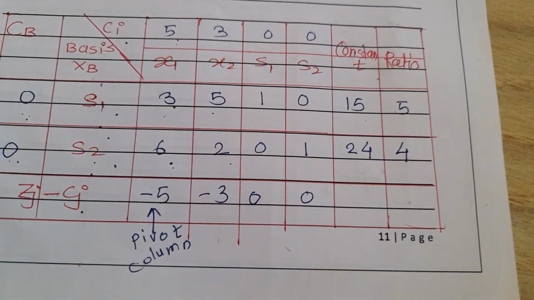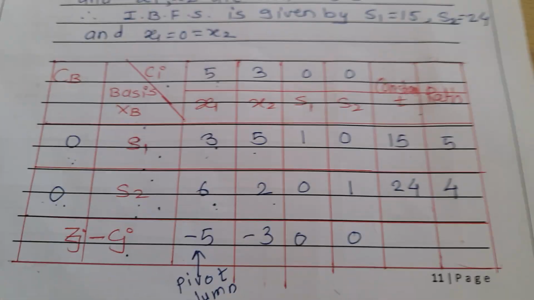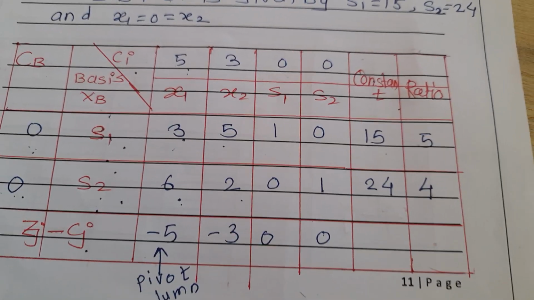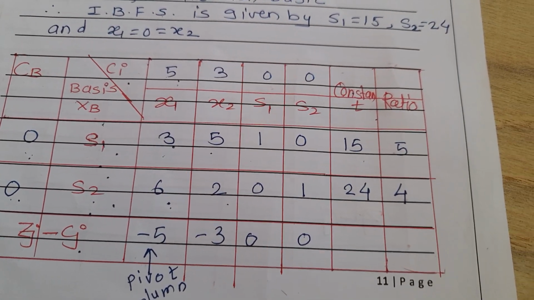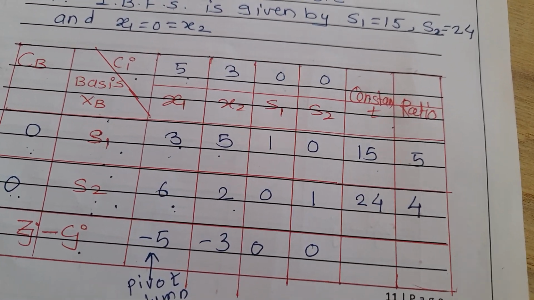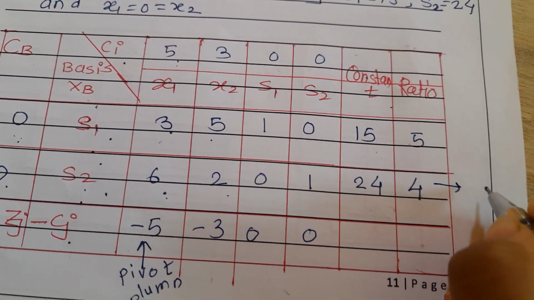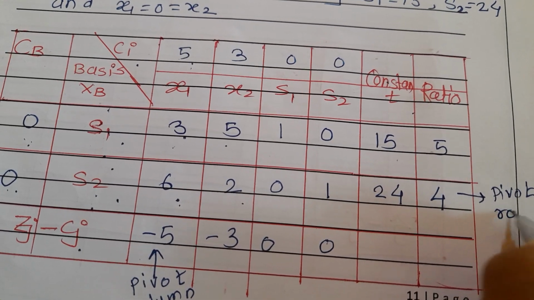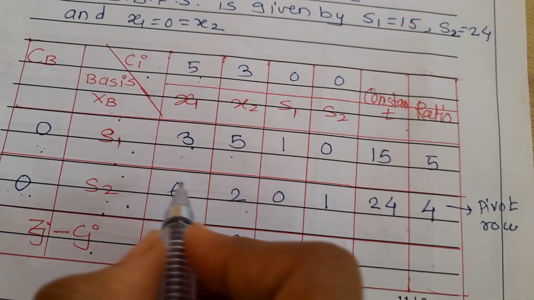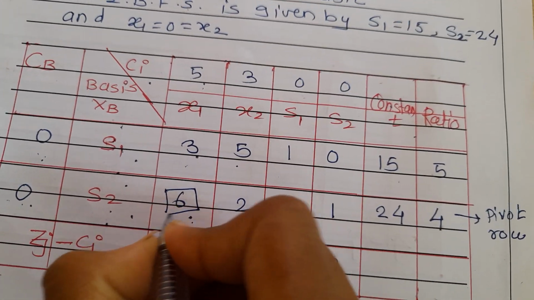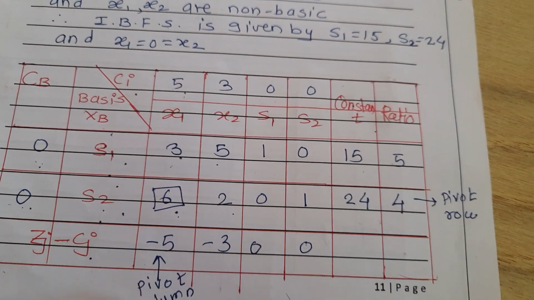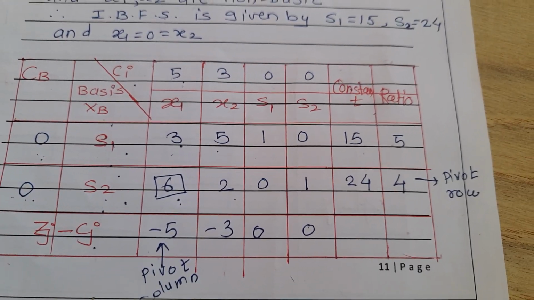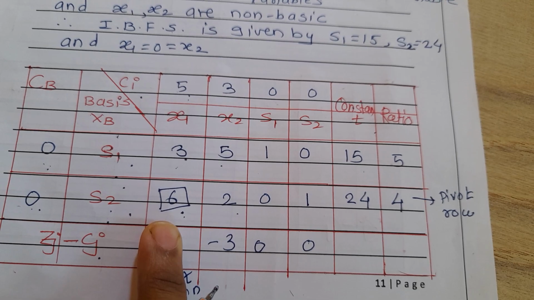Now we select the leaving variable or departing variable, which is also called the pivot row. We select the minimum ratio as the pivot row. Therefore our pivot element is the intersection of the pivot row and pivot column, which is 6.